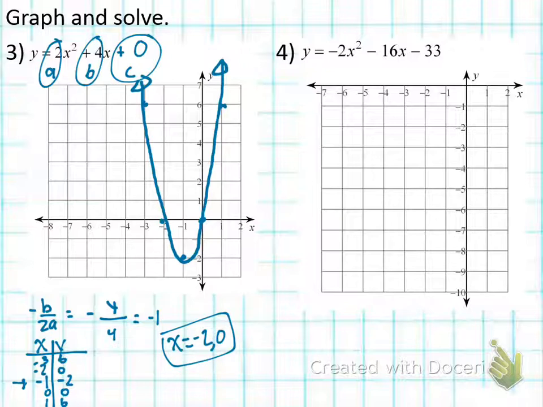Number 4, this one's kind of hard. Okay, A, B, and C. What's my A, B, and C, everyone? Good, okay. -2, -16, -33. Okay? What's the next formula we need to deal with?